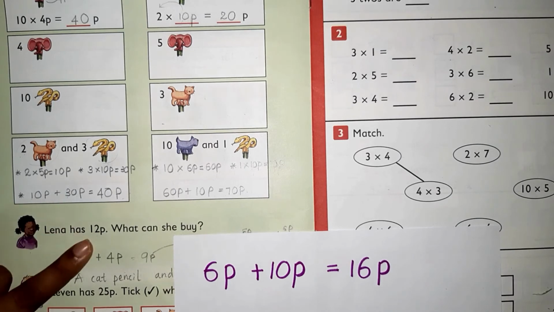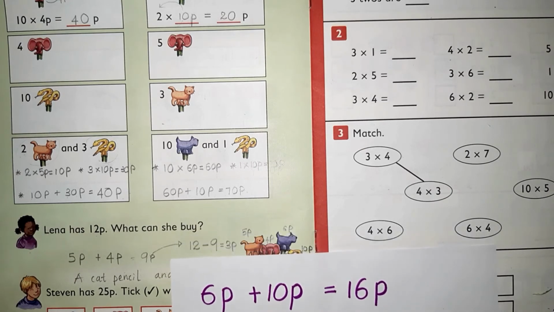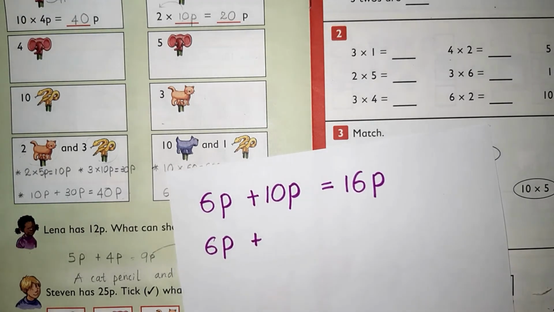But Lena has only 12 pence. That means we can't pay this 16 pence by using the 12 pence. It's not enough. So what shall we do? With 6 pence we can buy another pencil.